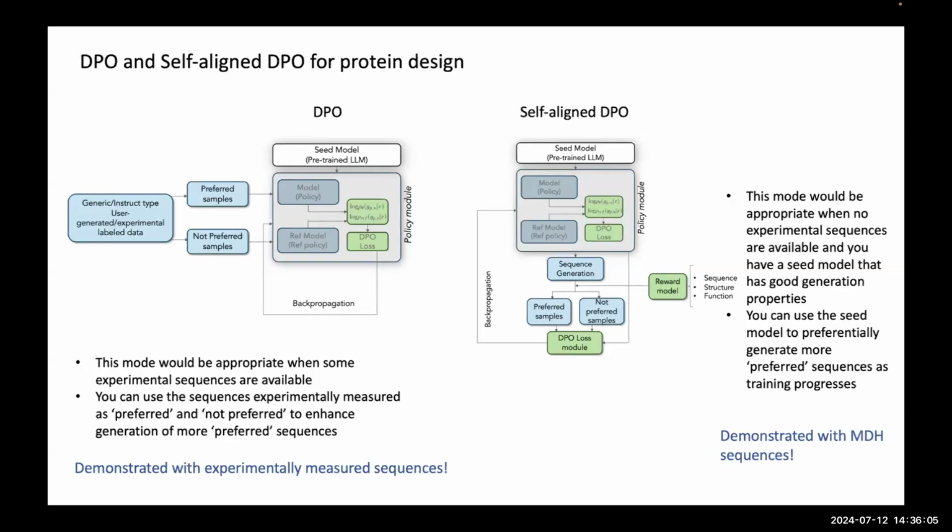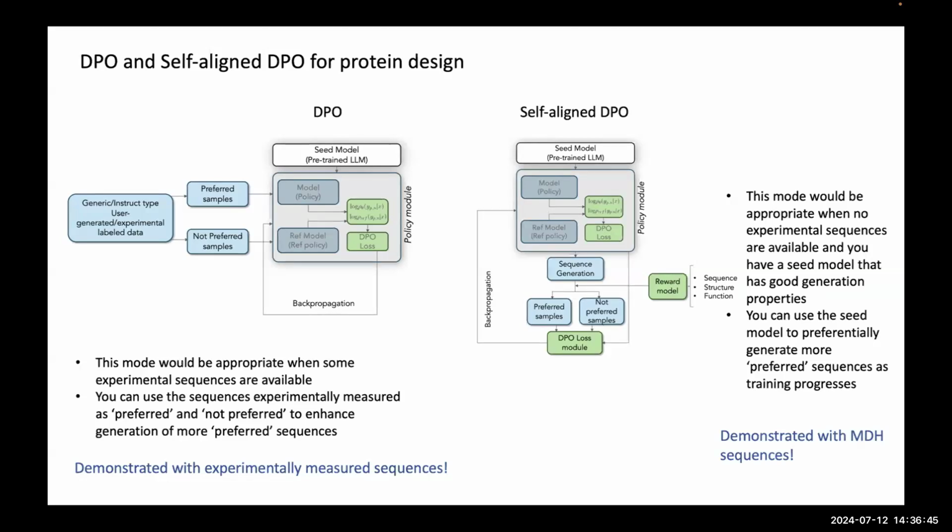In self-aligned DPO, what is of interest is if you don't necessarily have this bifurcated dataset to start with. If all you're given is a pretty good fine-tuned model on the family of sequences you're interested in, and the assumption is that the model has implicitly learned the fitness landscape for that family well enough, then are you able to generate more preferred sequences compared to unpreferred ones in a self-aligned manner?